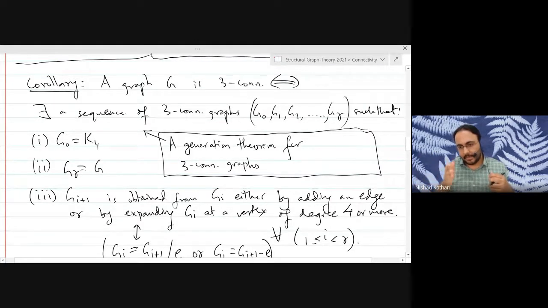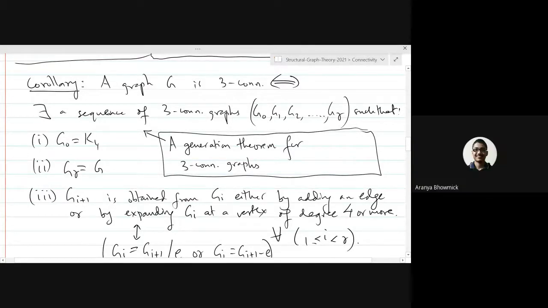There is always some sequence by which you can construct it. And if you are going in the reverse direction, you can keep deleting edges or contracting edges to get to a graph on four vertices, which will basically be K4 with multiple edges. Then you can remove all the multiple edges and you will get K4. So all 3-connected graphs can be generated from K4.